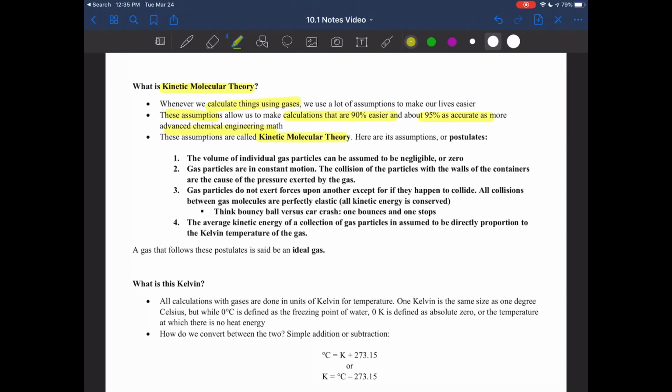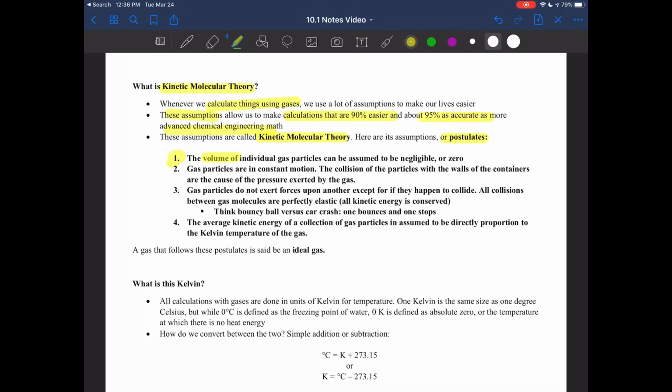It's just a series of what we call postulates. And these postulates are just like facts that are our assumptions. So first of all, and by the way, none of these are true, but they're mostly true. Like if you assume that they were true, then you'd probably be mostly correct.